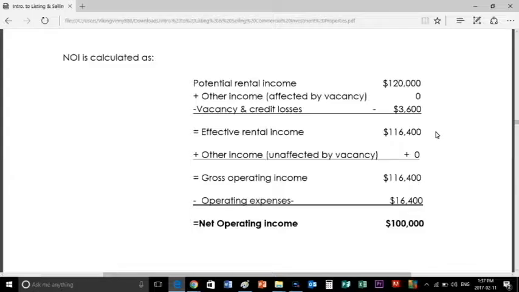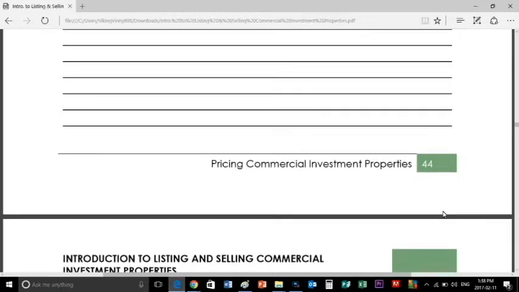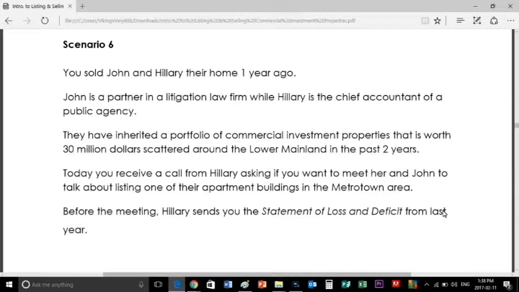That equals the effective rental income of $116,400, plus other income unaffected by vacancy, 0, equals the gross operating income, $116,400, minus the operating expenses, $16,400. That's equal to the net operating income of $100,000. And that's the end of this section.